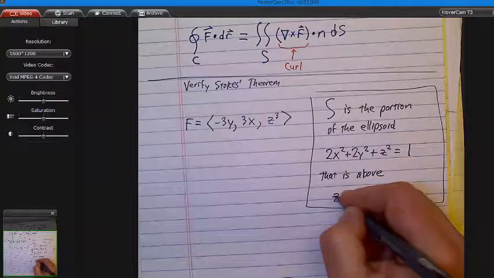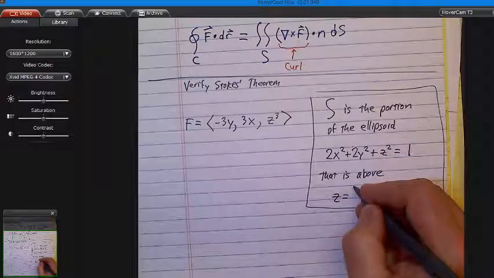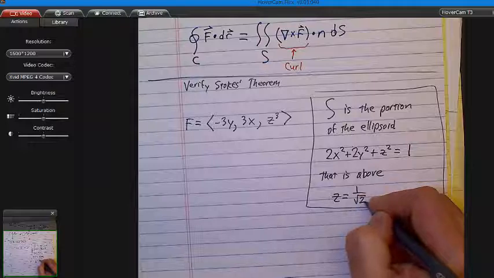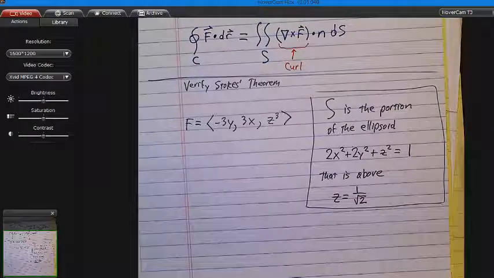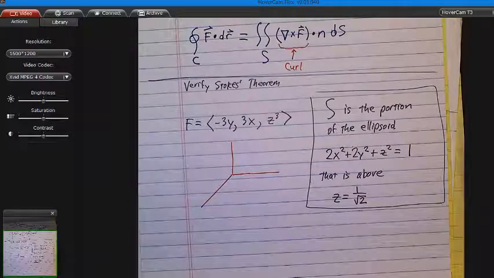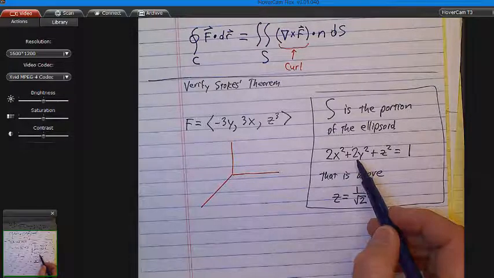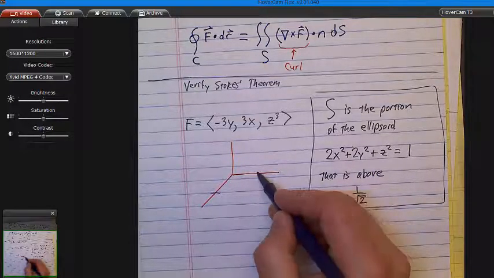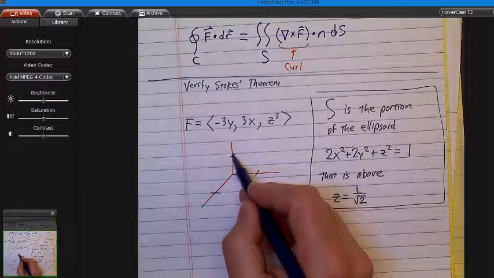z equals 1 over root 2. Okay, so let's draw a picture of what's going on here. X squared and y squared come out farther than z squared. Z squared only goes up to 1, right?